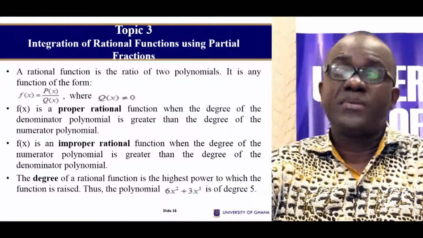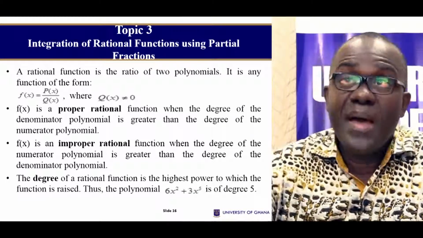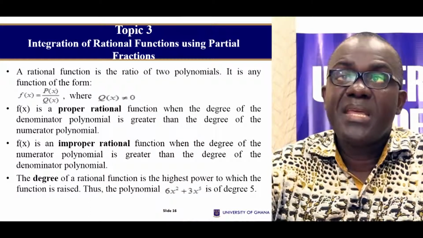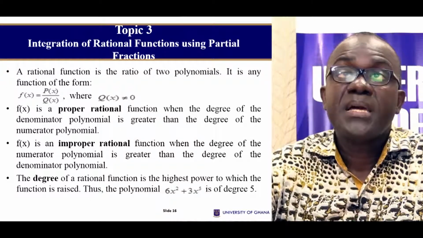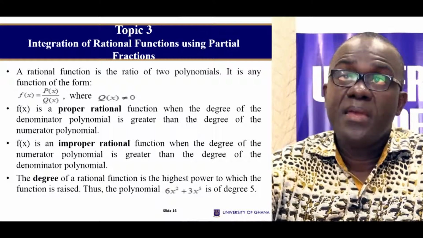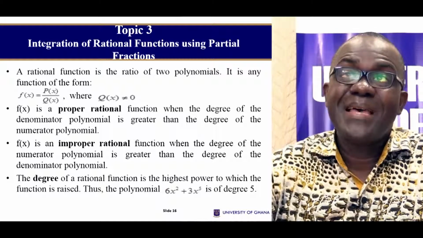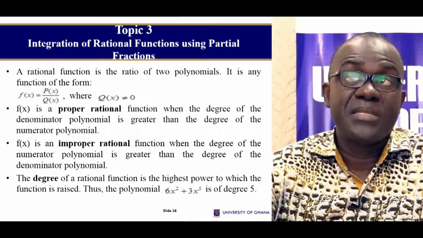There are basically two types of rational function. We have a proper rational function, and then we have an improper rational function. Now, when the degree of the numerator is lower than the degree of the denominator, then we have a proper rational function.